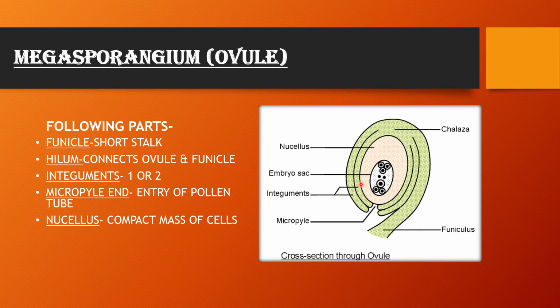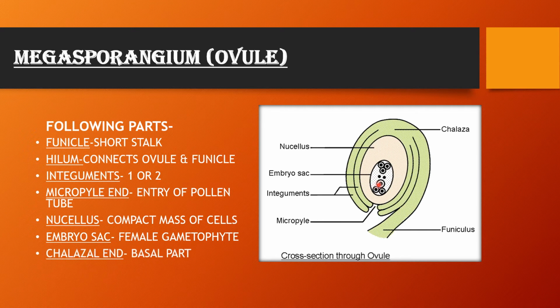On maturation only one cell from the nucellus will differentiate and undergo further developmental process to form the embryo sac. This developed structure where the female gamete lies is called the female gametophyte, or it is also called the embryo sac.